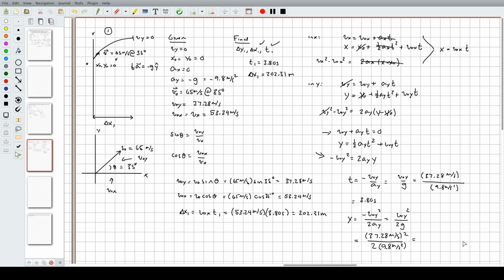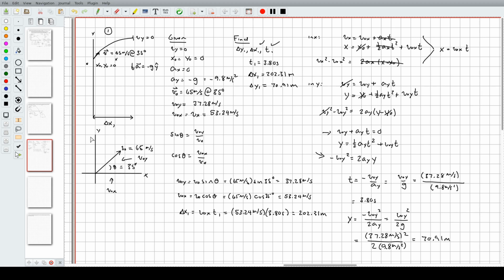And what do we get here? 70.90, or 70.91 actually. So how high above the cliff or the hill does this thing go? 70.91 meters.